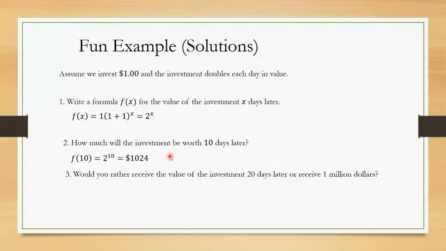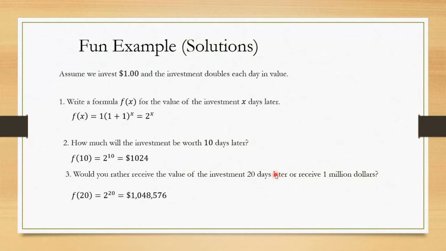Now, here's the fun one. For number 3, would we take $1 million, or would we receive from the investment how much it's worth 20 days later? In other words, I'm basically asking you here, in a sort of comical way, is f of 20 worth more than $1 million? Well, it turns out the answer is yes.